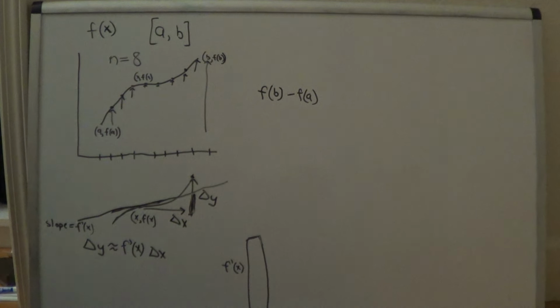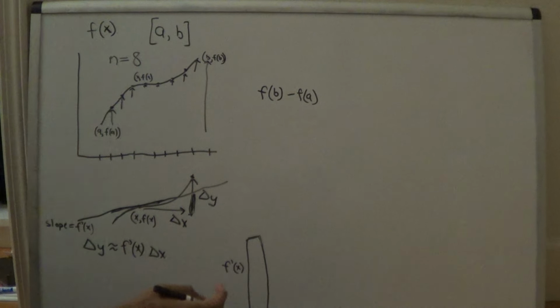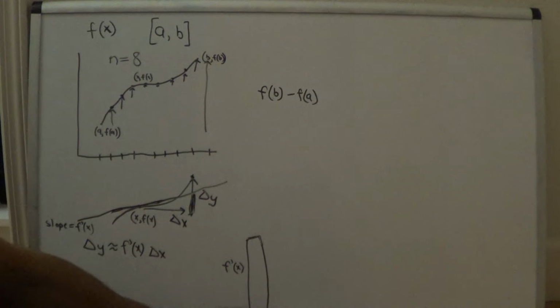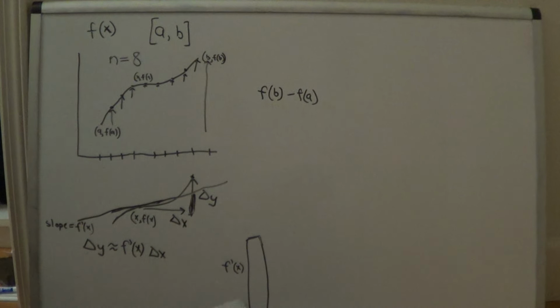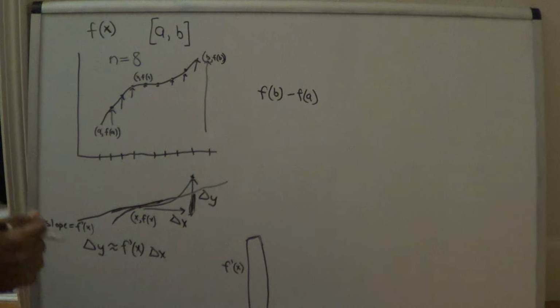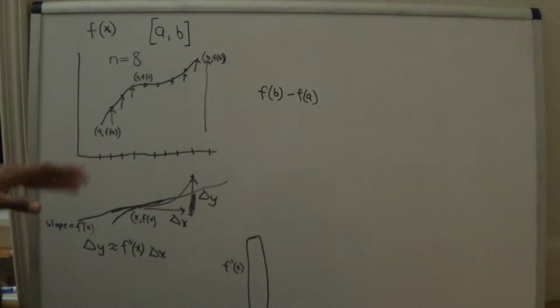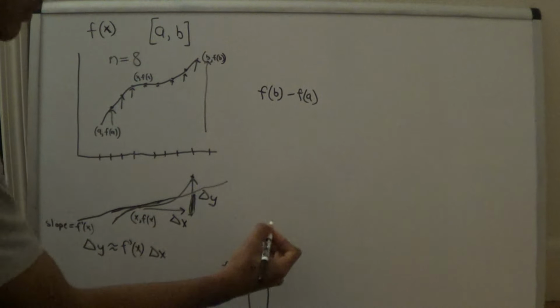Just think about it. It's an imaginary rectangle that I built right here, arbitrarily, so that it would have an area approximately equal to this number, delta y. Now I'm going to construct such a rectangle for every single point along this curve.